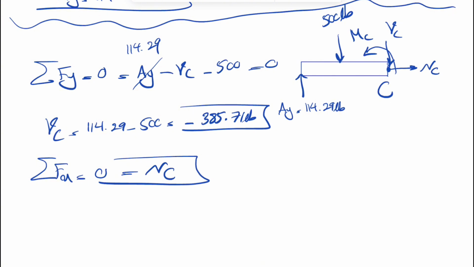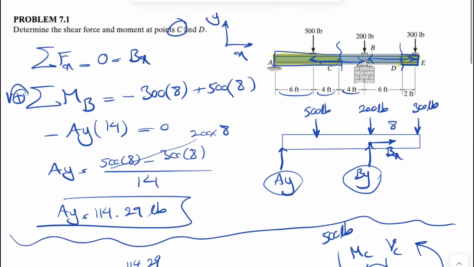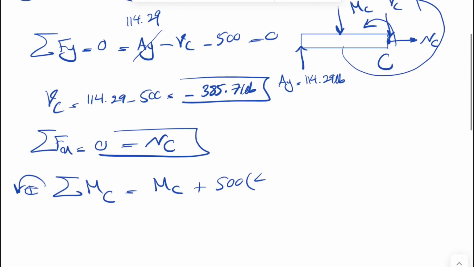And now we have to find the MC. If we find the sum of all moments about point C, we have the bending moment that we are trying to figure out. We have the moment of 500, which is in this direction, so counterclockwise 500 times. We're looking for the distance from C to the 500, which is this distance, so times 4.